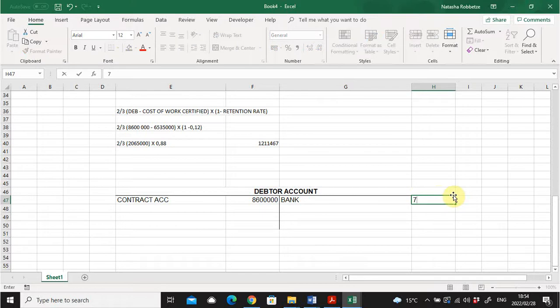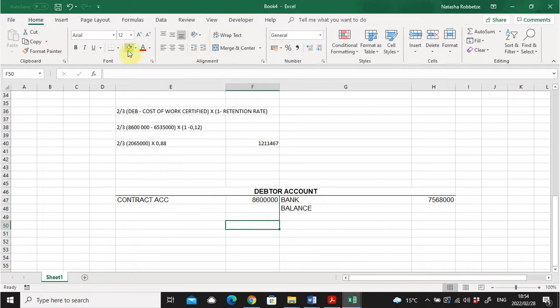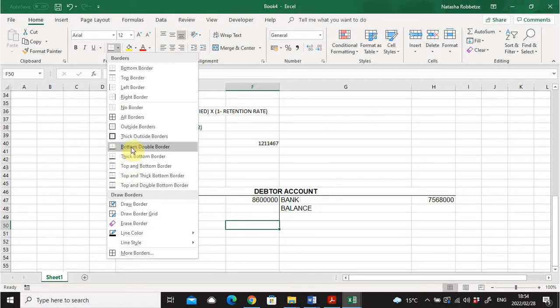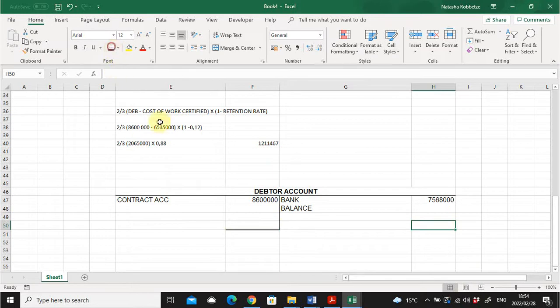So it is 7,568,000, and then we have our balance, and this will have to balance out, of course. So this is going to be equal to 8.6 million, and the difference will be our balance, 1,032,000.